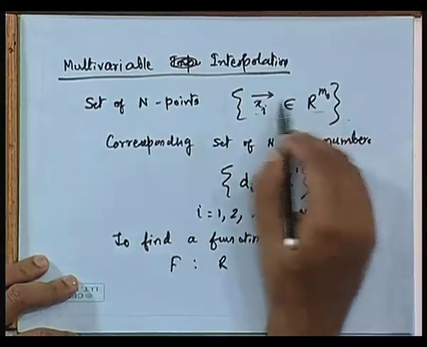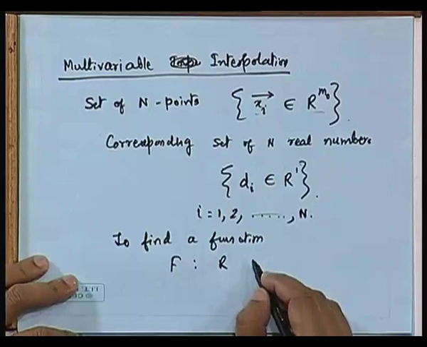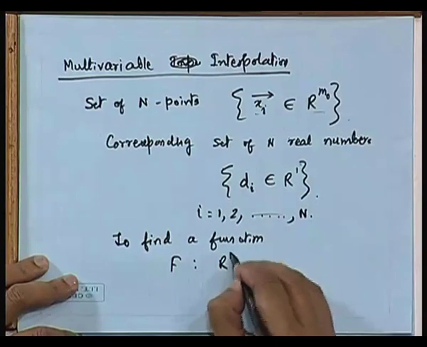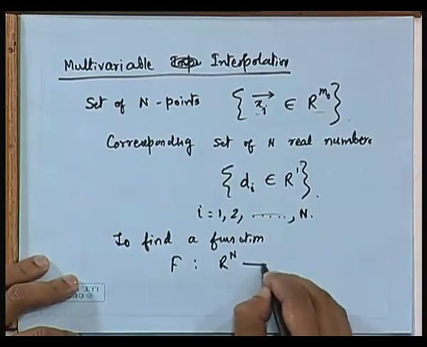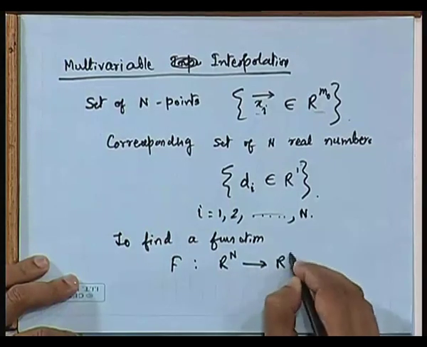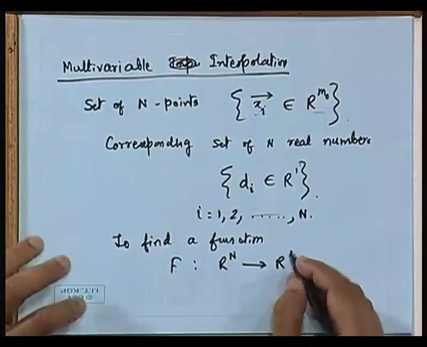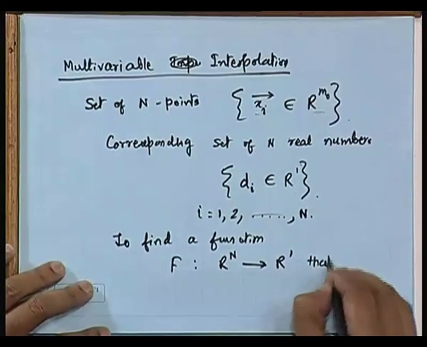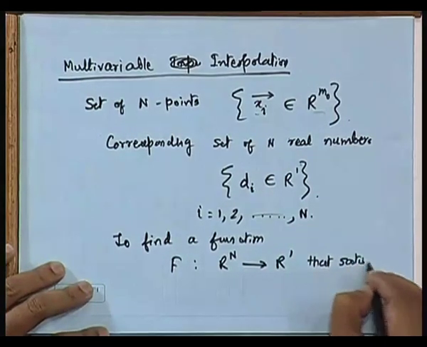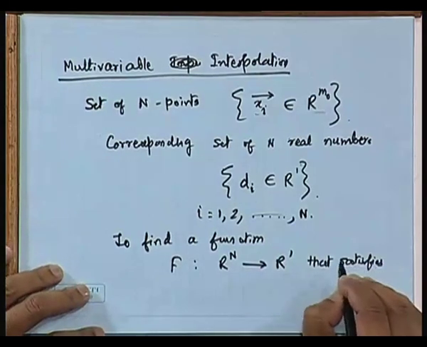So, there are n points in this M0 dimensional space. So, it is a mapping from this real space to a 1 dimensional real space that satisfies all the training points, that means all the constraint points should be satisfied.